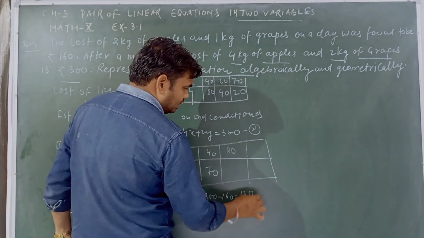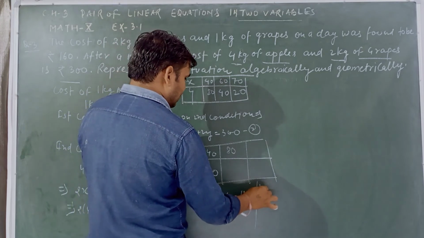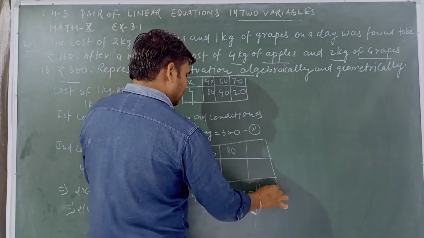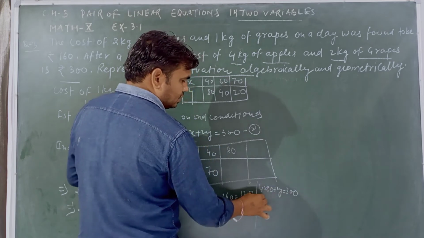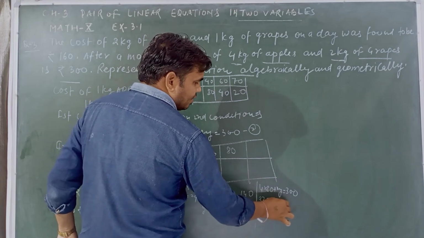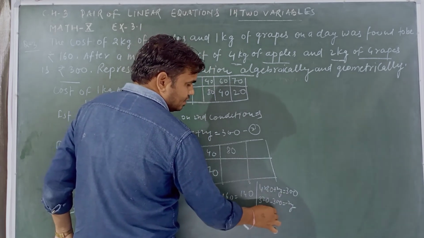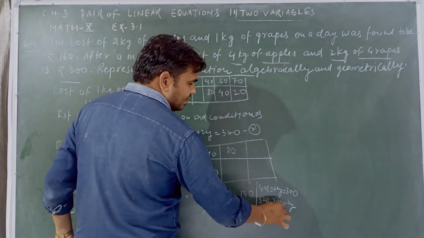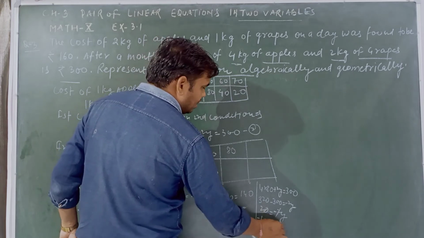Here we got 4 into 80 plus 2y equal to 300. So 320 minus 300 equal to minus 2y. So 20 equal to minus 2y, so y equal to minus 10.